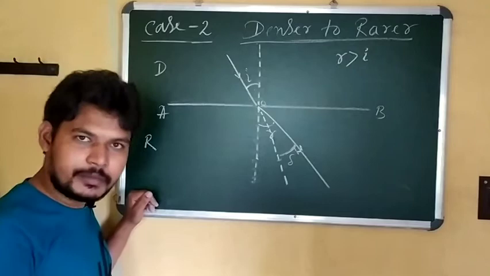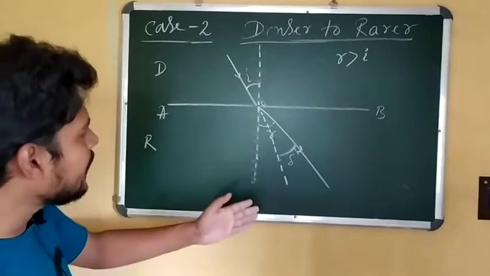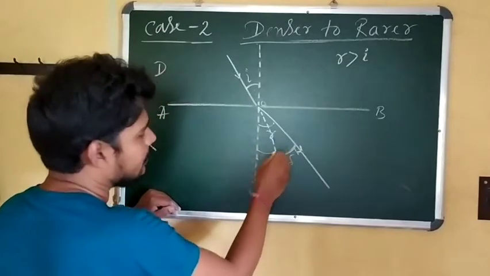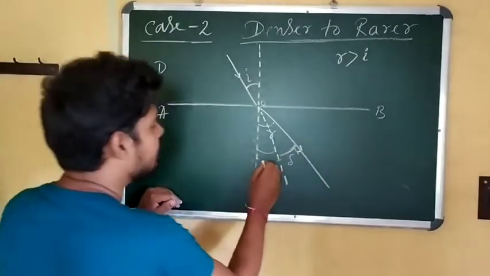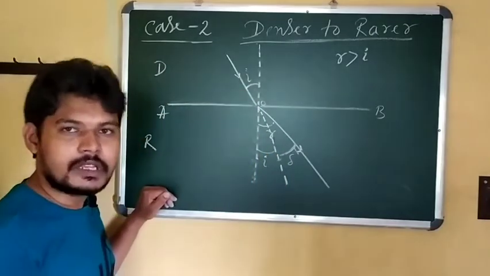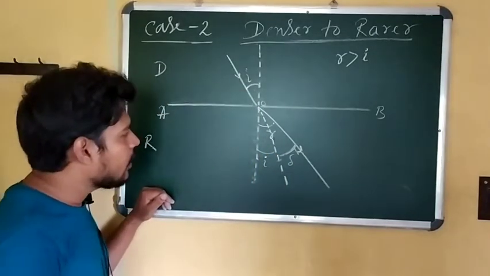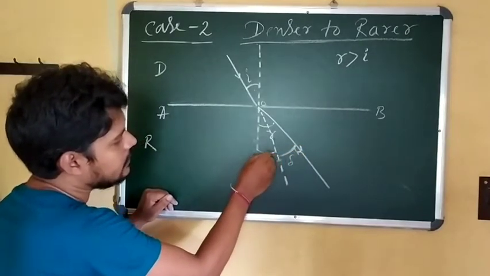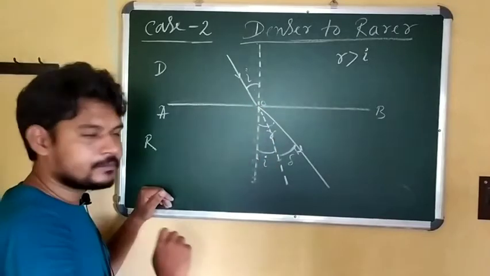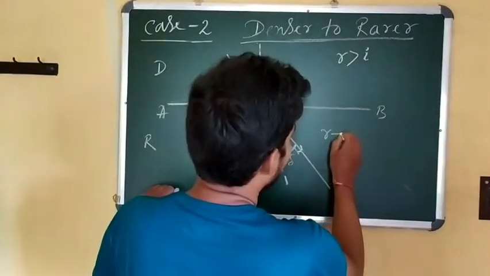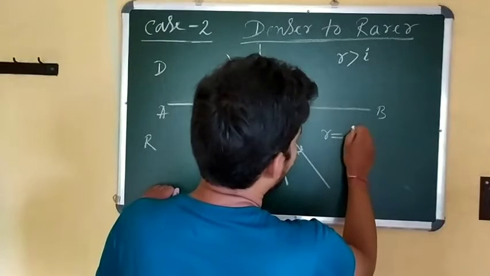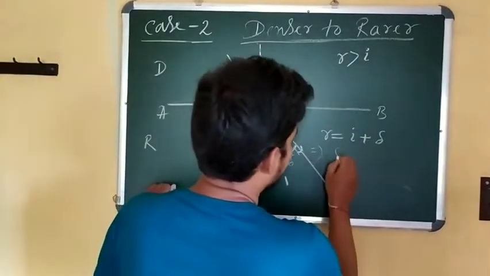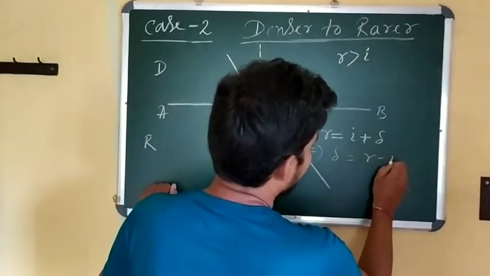If there was no bending of the path, then the angle between the normal and this dotted line would be the same as the angle of incidence. Understood? Now from this diagram you can understand that this angle plus this angle equals the total angle. That means the angle of refraction equals the angle of incidence plus delta. Now delta equals R minus I.